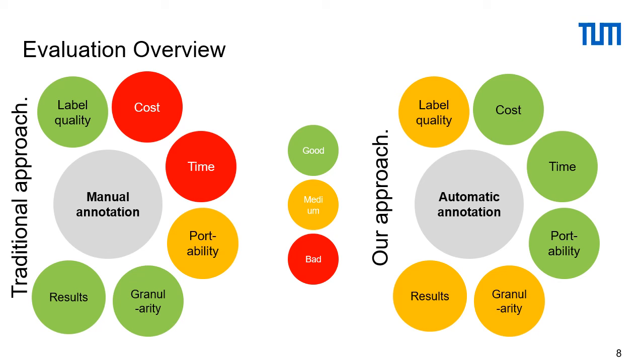Also, time requirements for densely labeling large datasets are an important factor that needs to be considered, especially for industrial and commercial applications. Portability can also be an issue when an already existing dataset should be used with another camera or for a different environment, for example a different country, or when usage of public datasets is prohibited in commercial applications.